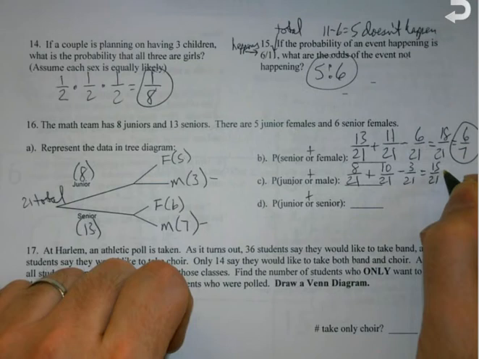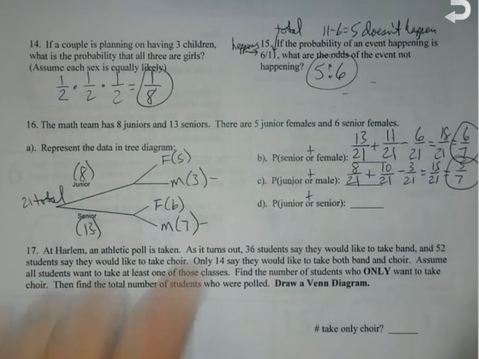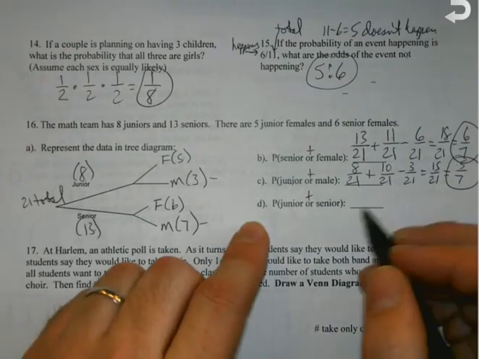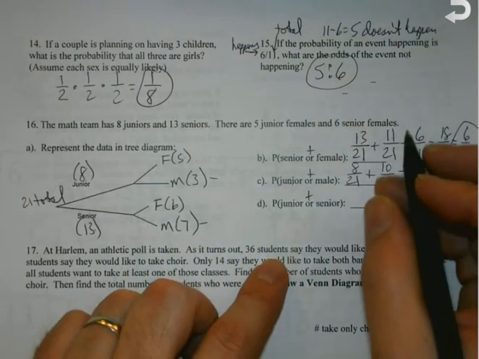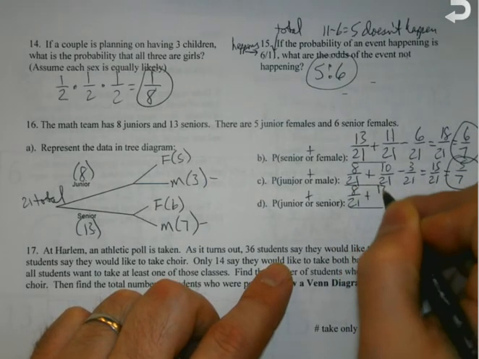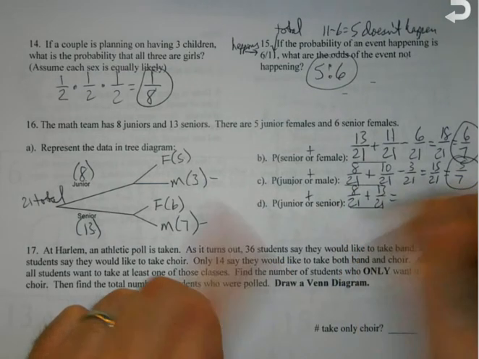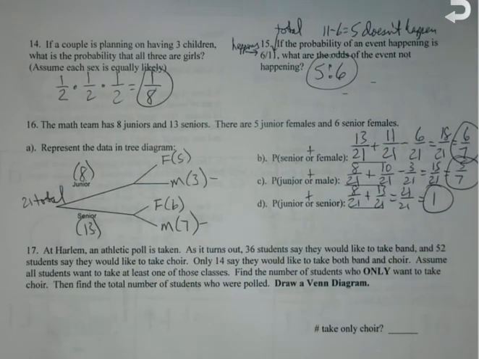And we can kind of start to see, let's see here, divisible by 3. So we've got that one. And then finally, our probability of being a junior or senior. Now think about that for a minute. All we have are juniors and seniors. We can't have somebody that's a junior and a senior. That's kind of hard. So the probability would be 1.